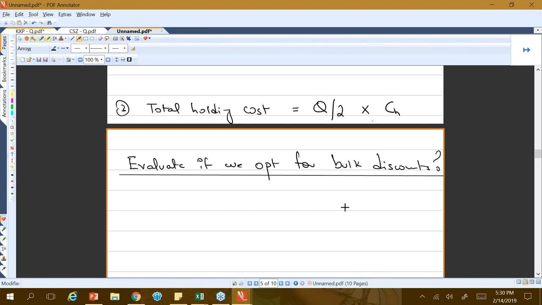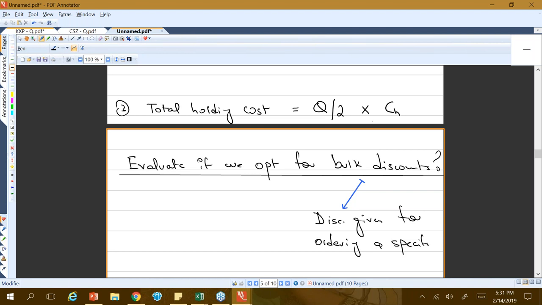Bulk discounts are the discounts given for ordering a specific quantity. So discount given for ordering a specific quantity.